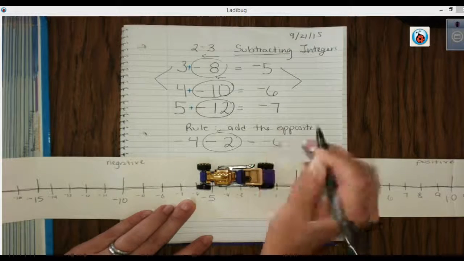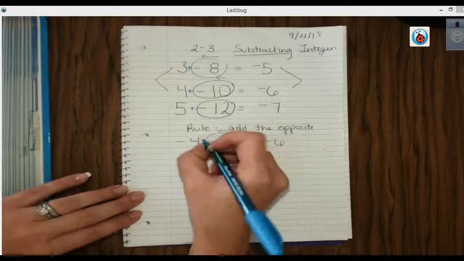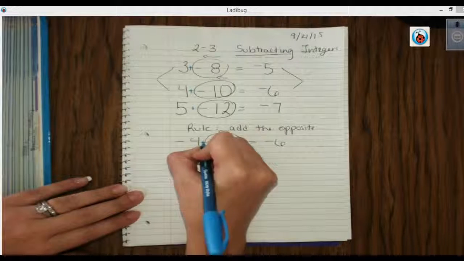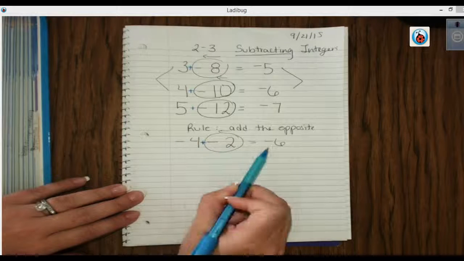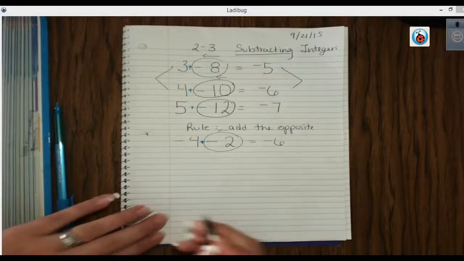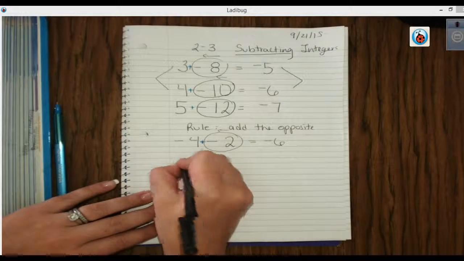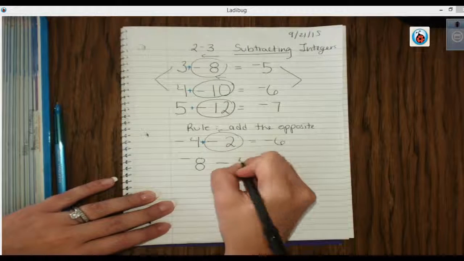Negative 6. If we use our rule to add the opposite, it would be the same thing as putting a plus sign here. Negative 4 plus negative 2. And what do we get? Negative 6.